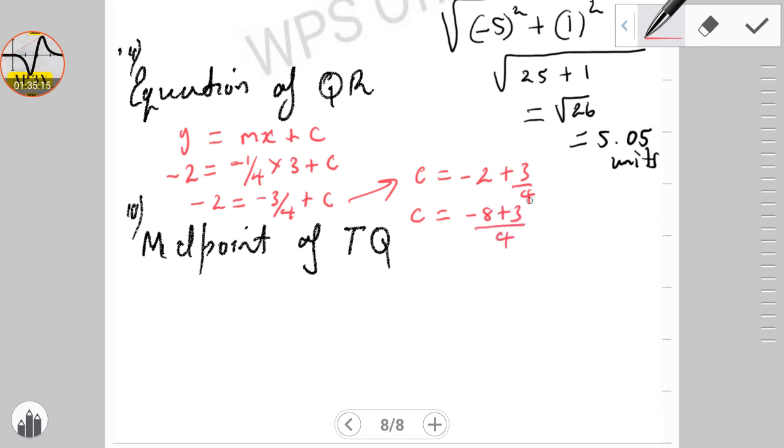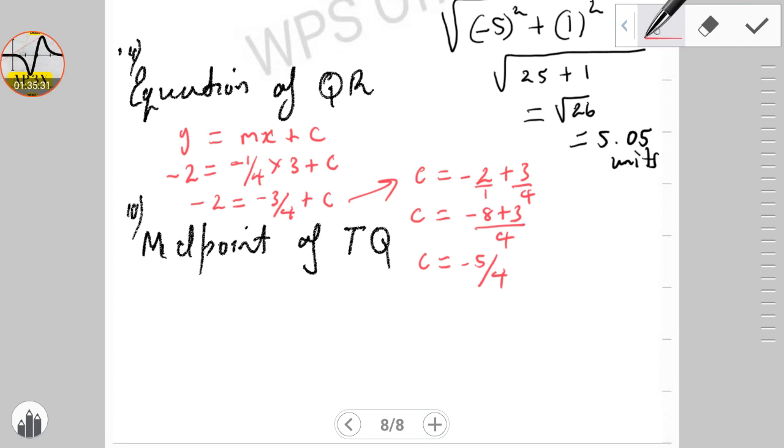The LCM is 4, so when we do the calculation we end up with c being equal to minus 5 over 4. Just go ahead and put this over 1 and find your LCM and do your fancy stuff. So you end up with c being equal to minus 5 over 4.